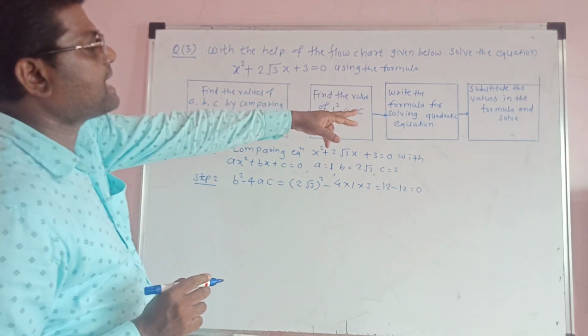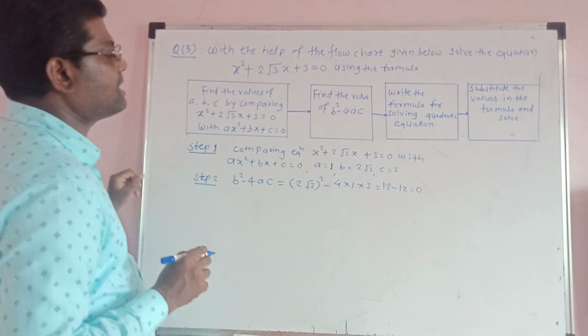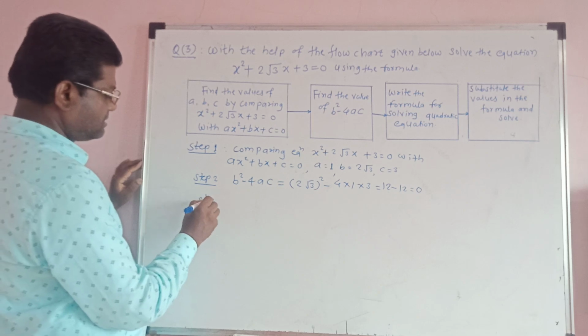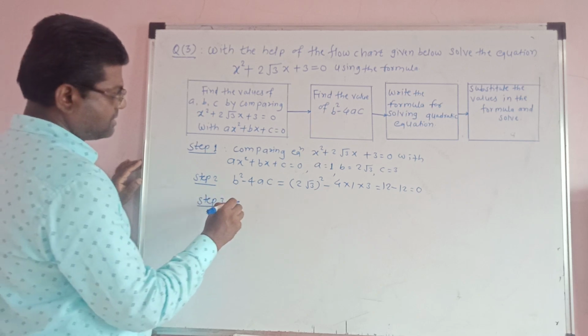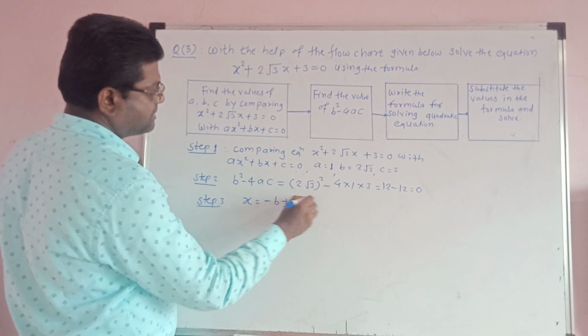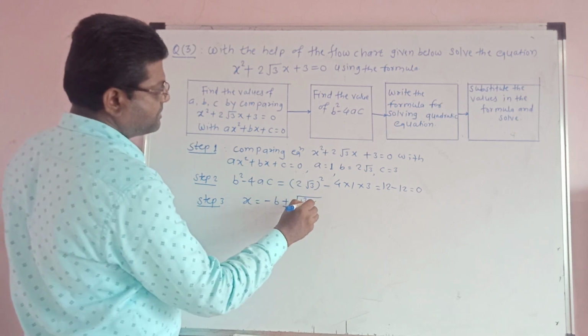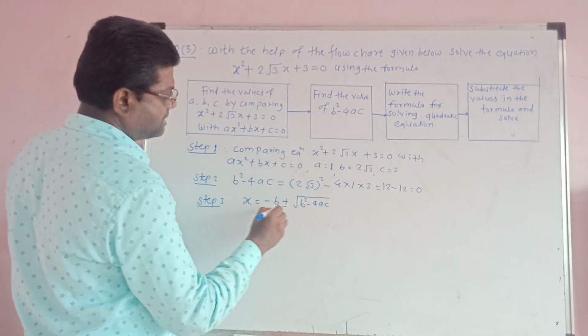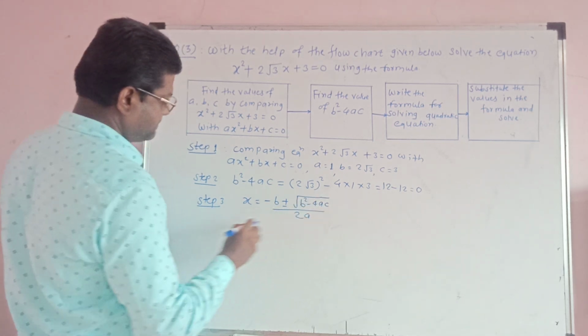Now step 3, write the formula for solving quadratic equation. That formula is x is equal to minus b plus minus square root of b square minus 4ac upon 2a.